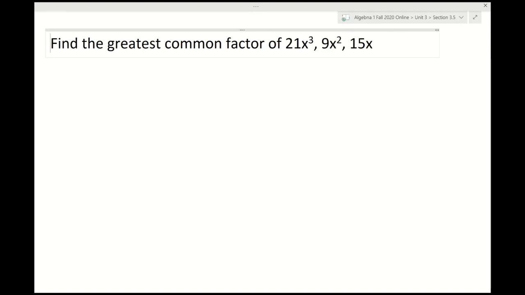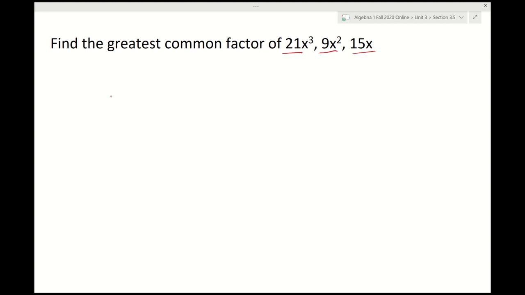So when we look at a series of terms, in this case 21x cubed, 9x squared, and 15x, we can see that they all have an x, but numerically each of these numbers, these coefficients, also can be written in terms of a common factor.